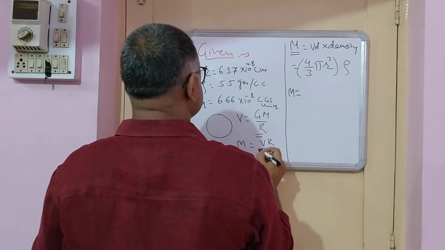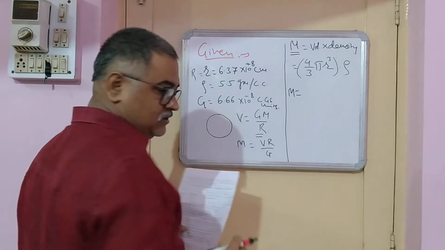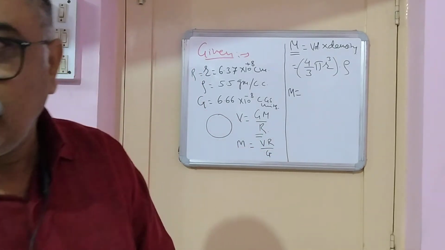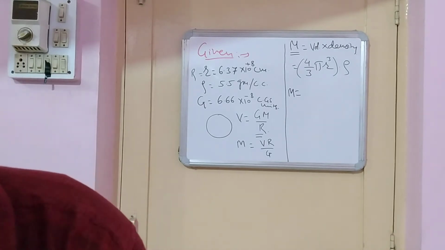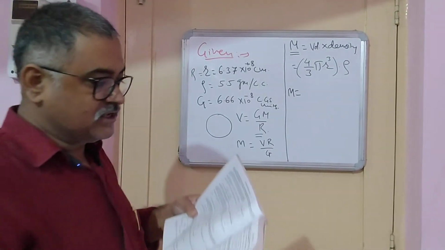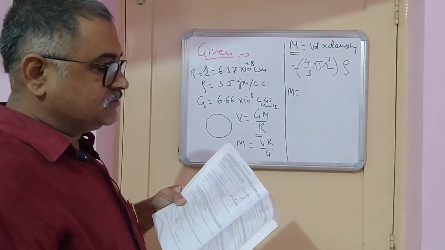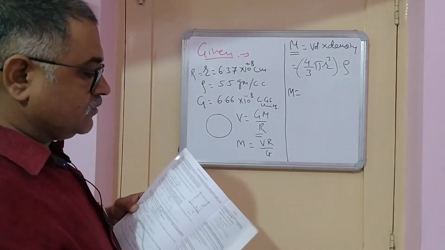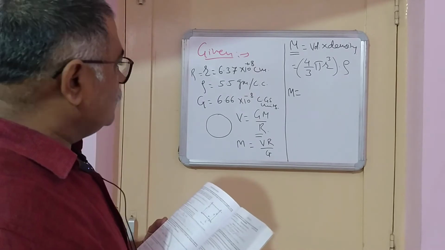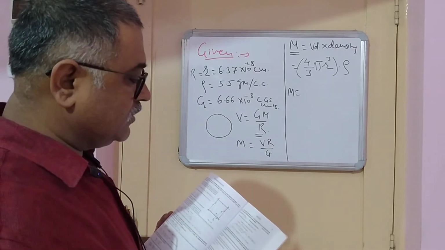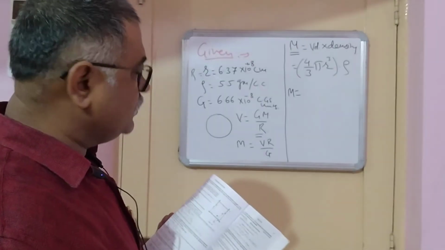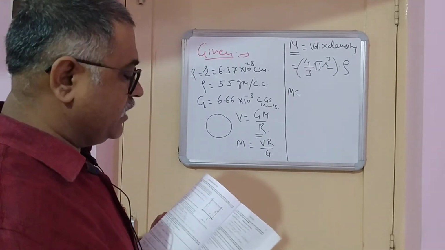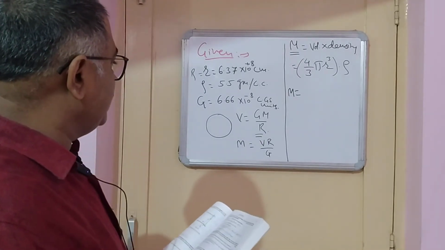What is 6.66? The value of G. Once again, the problem is: we have to calculate V, and V equals GM by R.